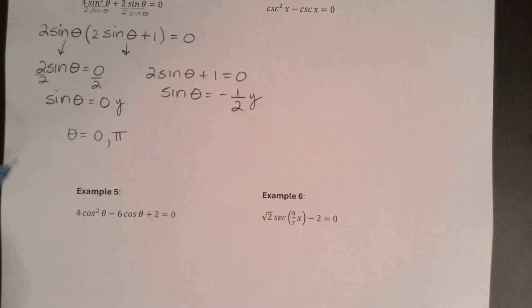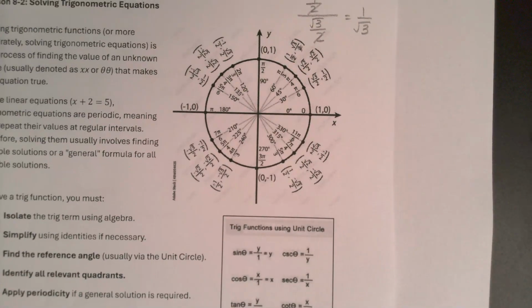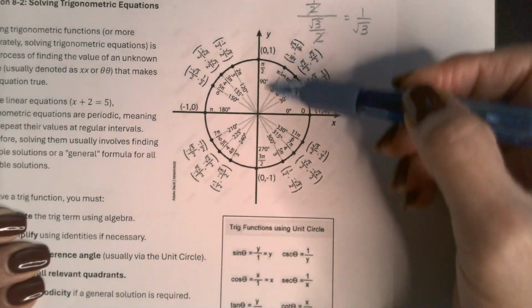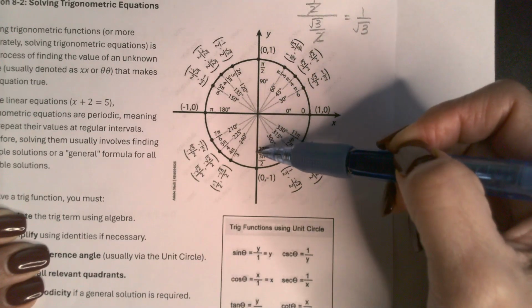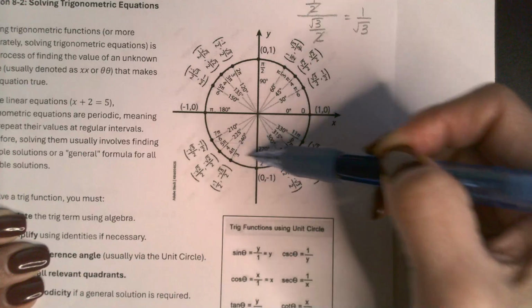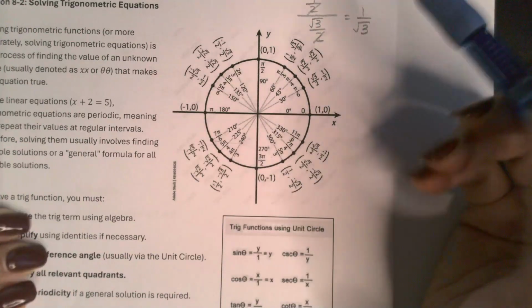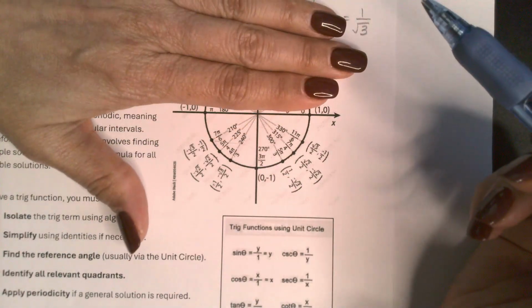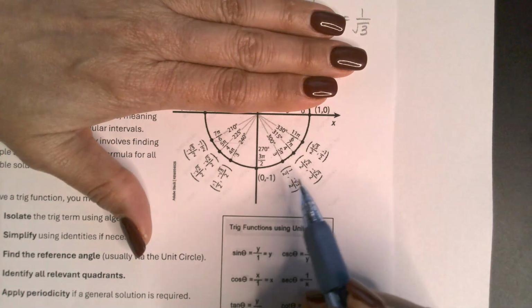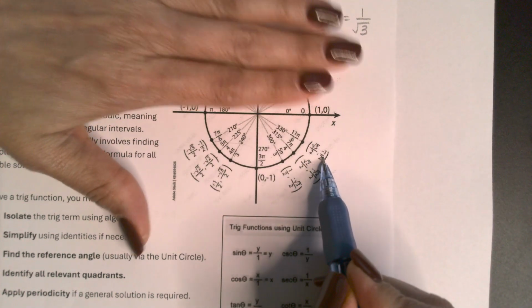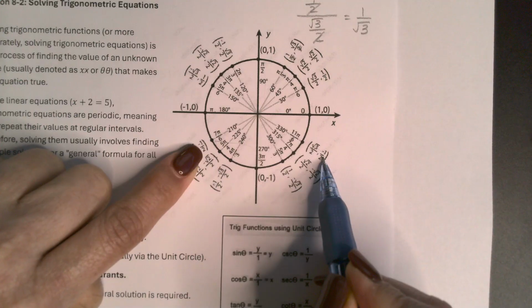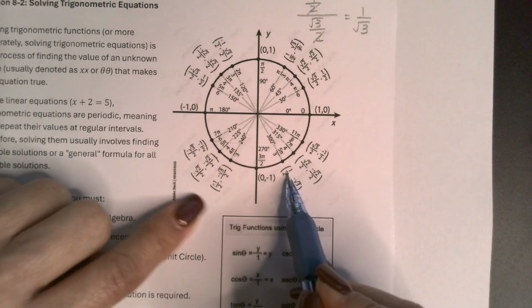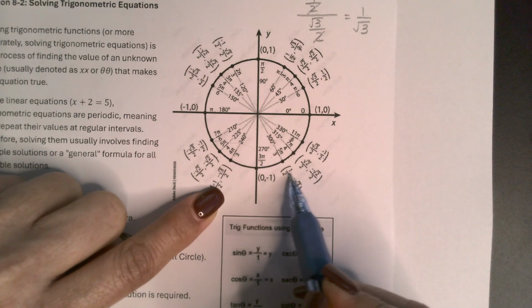And for this one, where's the y coordinate -1/2? This is my y-axis. If y is -1/2, this is where my negative values are, so I'm looking for y's down here. I don't even have to look up here, that's where y is positive. Y is only going to be -1/2 here and here. We're not going to use these, those are in the x position.